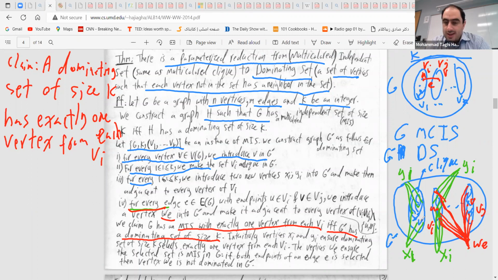Good. So this part is easy, that you need to select at least one vertex from each of these sets.